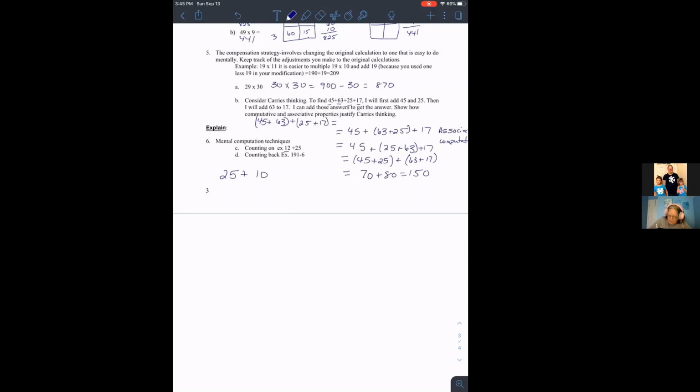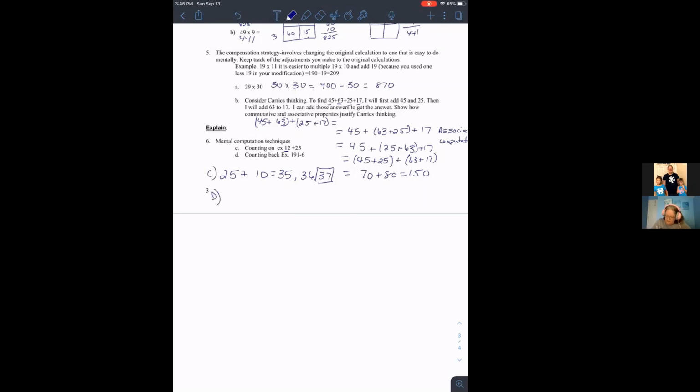So plus 10 is equal to 35, and then you'd count on to find the answer. So you would just keep counting to get to the plus 2. So you would do 35, 36, and then the answer is 37. So that's C.